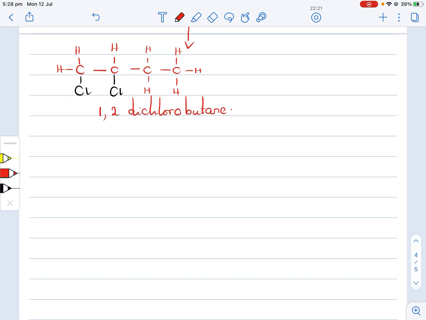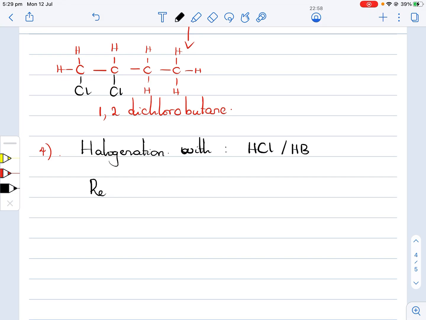The fourth reaction, which is the last reaction of the alkenes that we need to be familiar with, is, again, an addition reaction, and again it is a halogenation reaction. But this time around, what we are adding is either HCl or HBr or hydrogen iodide.